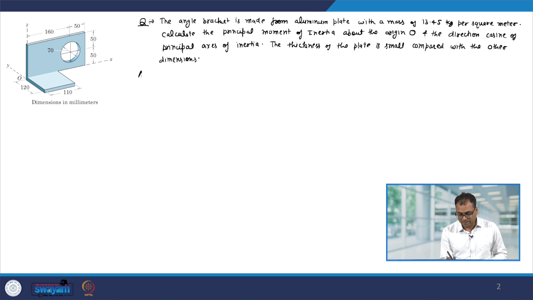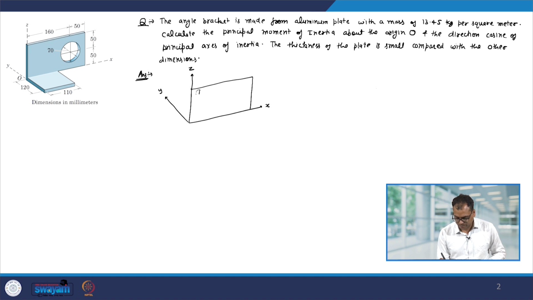So, this angle bracket can be divided into three parts. Here this is the x axis, the y axis and the z axis. Let us say this is part 1, the entire plate on the x z plane.